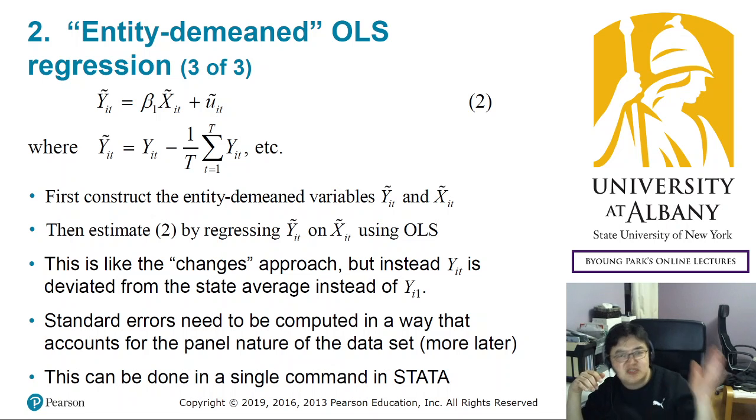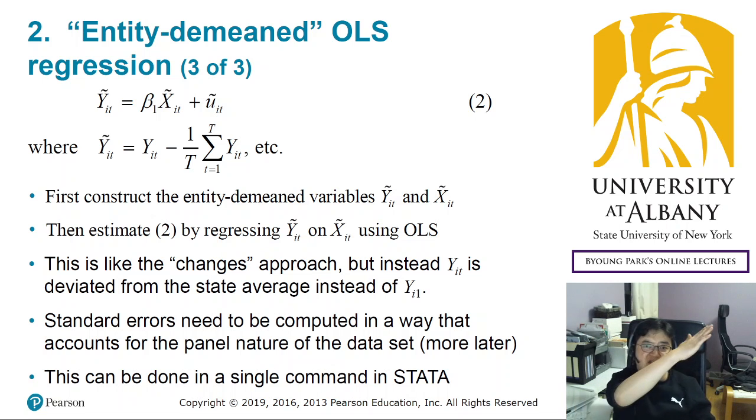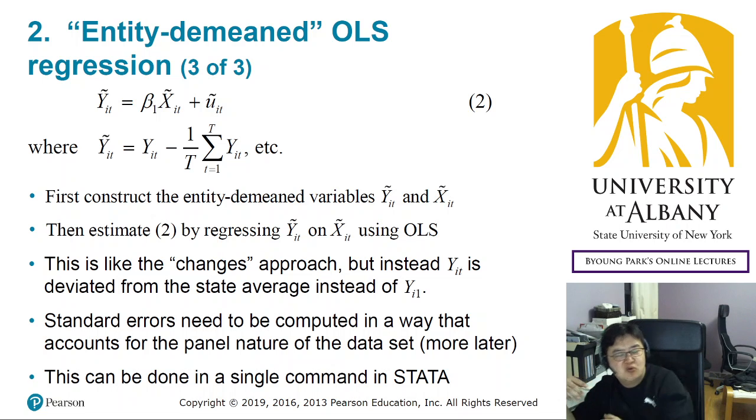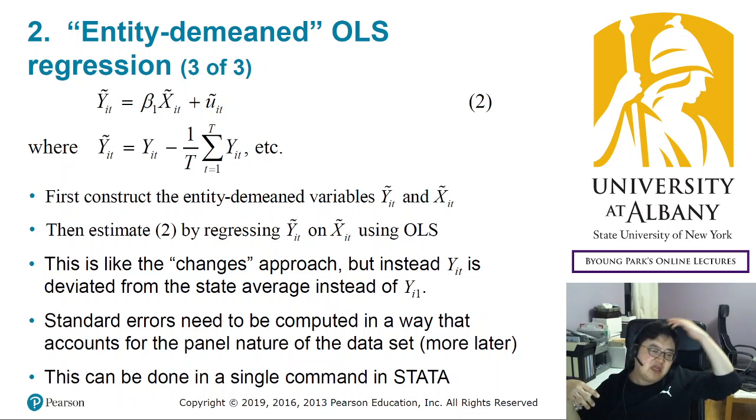So it uses the over-time changes in each state, and it is similar. Also here, we are using over-time change within a state, but by considering deviation from the mean. So if beer tax increases over time like this, but the mean is here, then you calculate how much the beer tax was below the mean or above the mean.